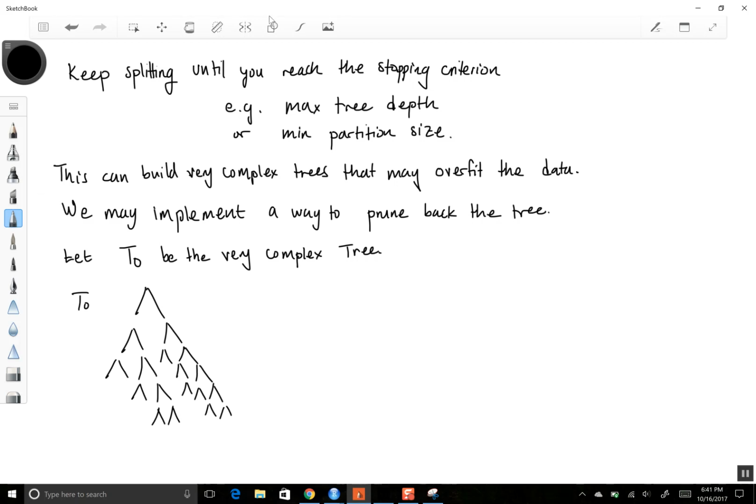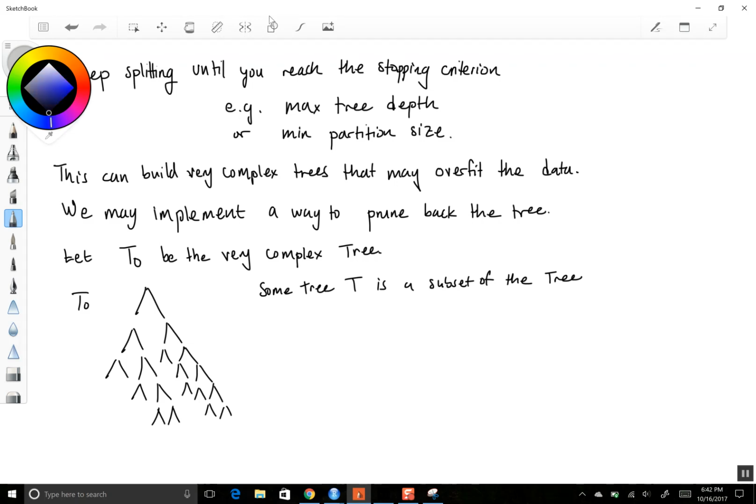If this is T0, then we may choose a subset of this tree. So some tree T is a subset of the tree. Maybe this part of the tree, just this part or something like that.